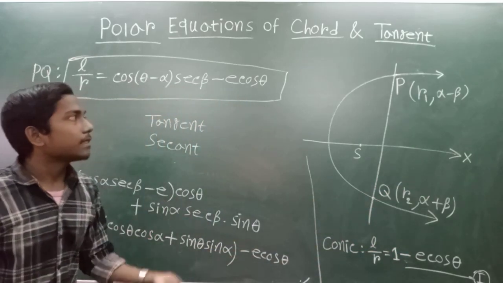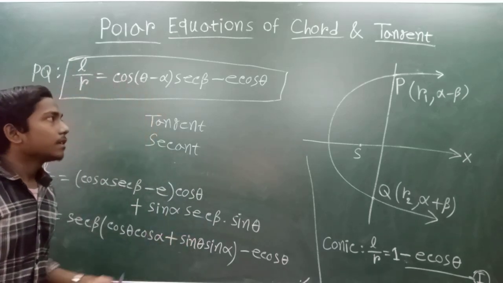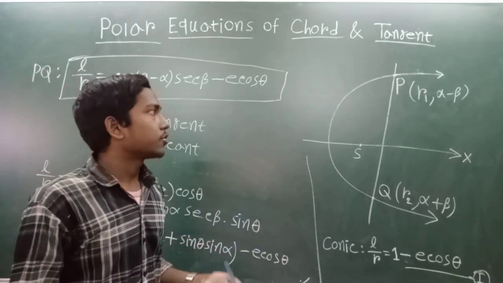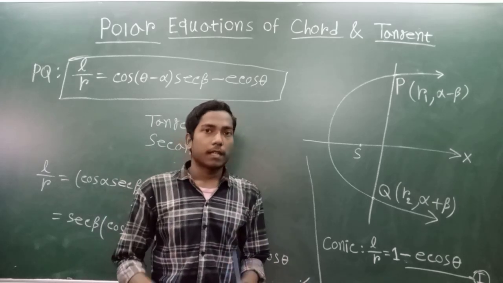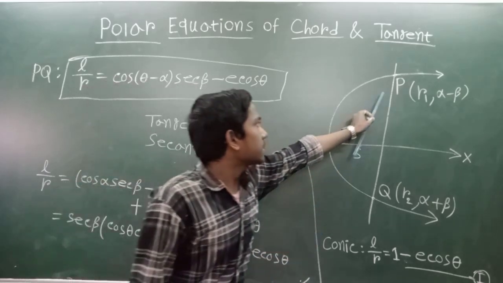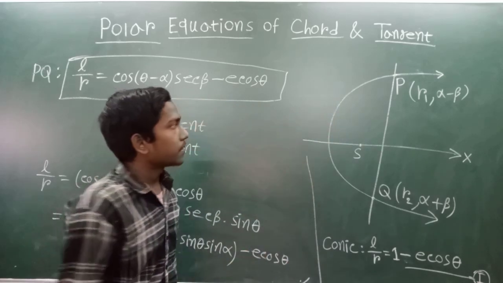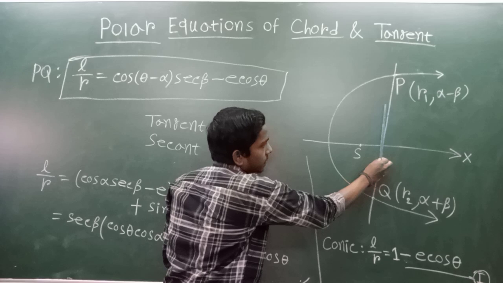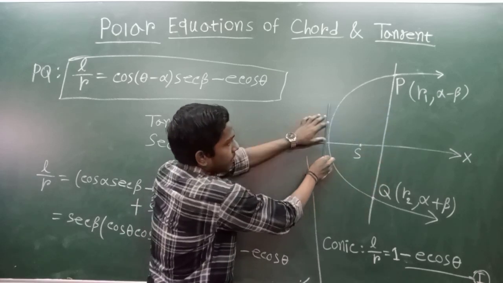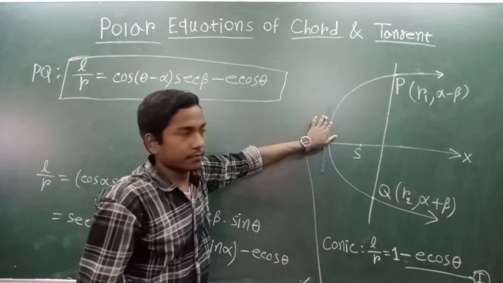But a tangent, if we talk about line tangents, is a line which touches the conic at one point. Just think, if we shift this chord, then it becomes a tangent since it touches the conic at only one point.